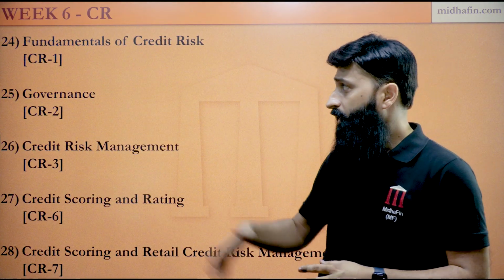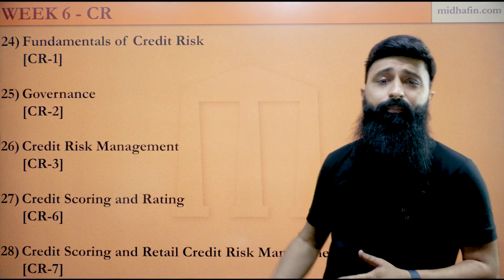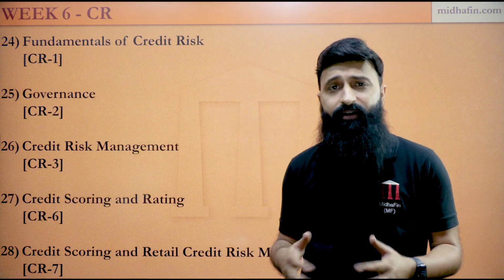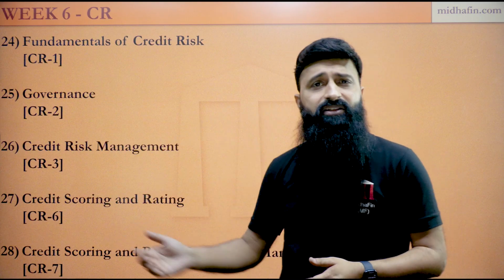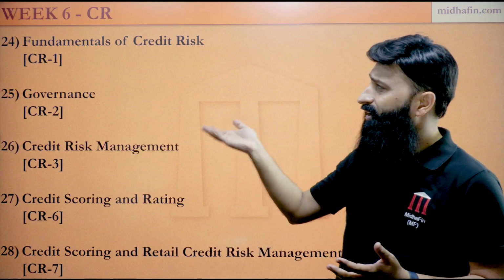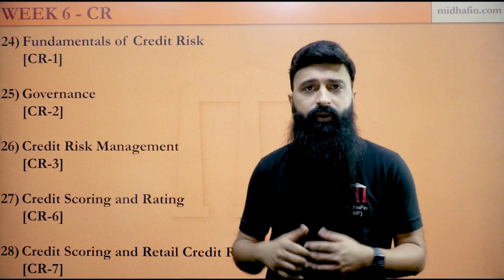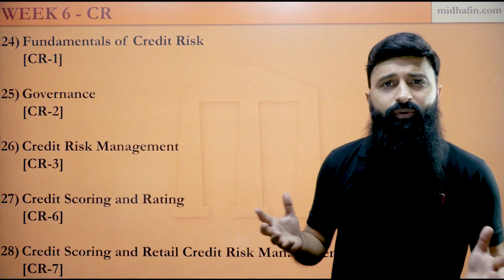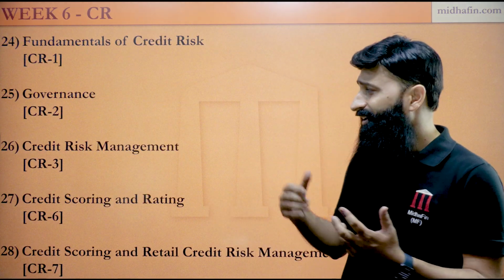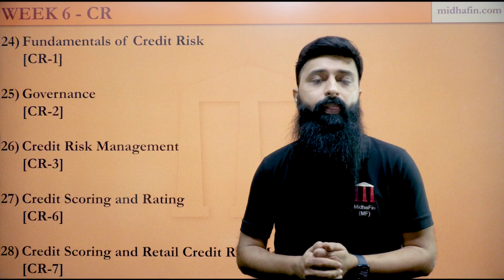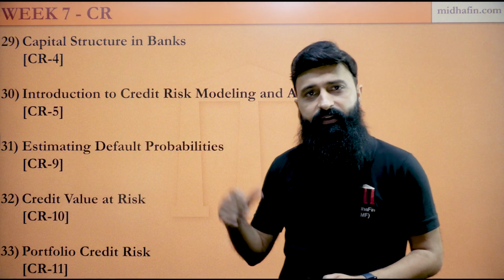Okay. Now these chapters are providing a comprehensive initial understanding of credit risk from basic concepts like fundamentals, governance, and scoring systems. Okay, all those things. And you will get a proper holistic view of credit risk management in retail banking also.